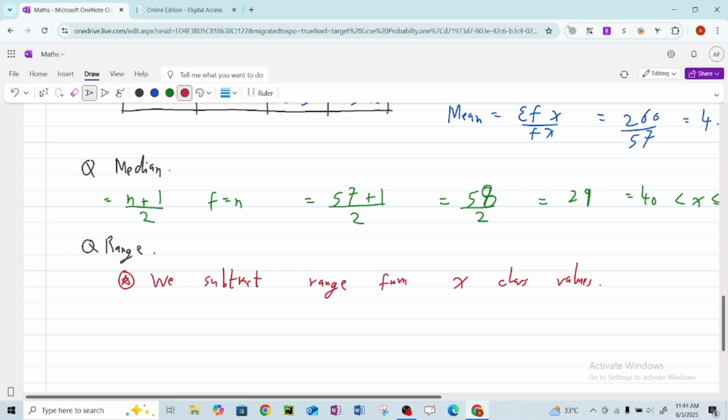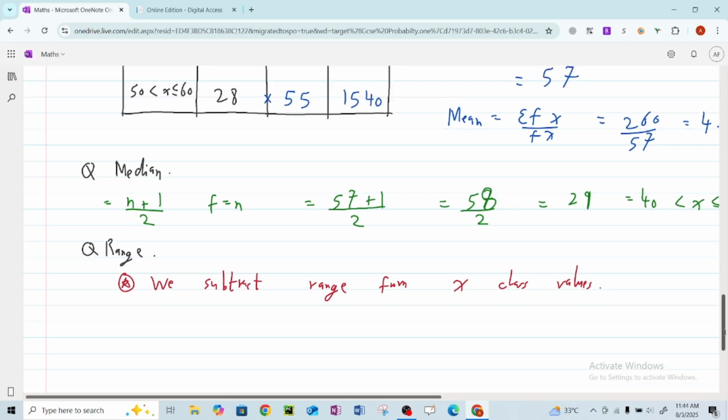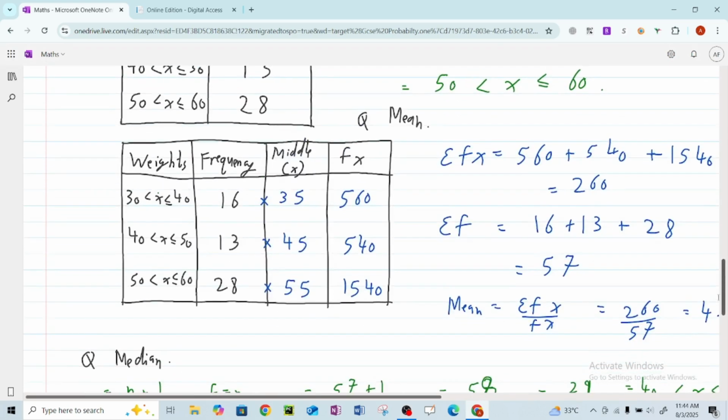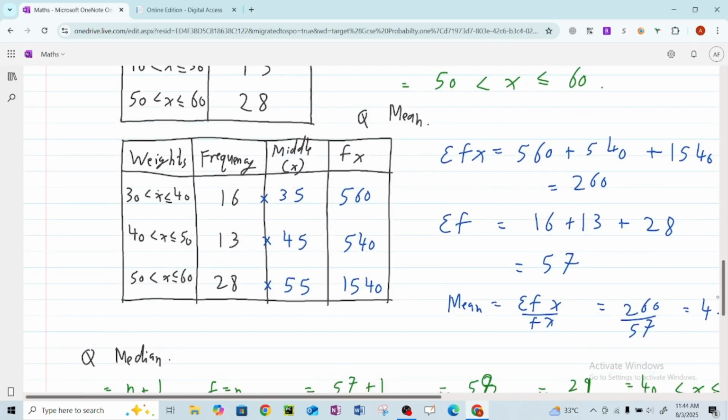What does that mean? For example, if I want to find the range, what's the range? The highest minus the lowest one, right? We're not going to take 55 and 35 and subtract them, because you could say, okay, those are x, so we can find the range from there. No, we're going to take the range from the values of the weights that they gave us.